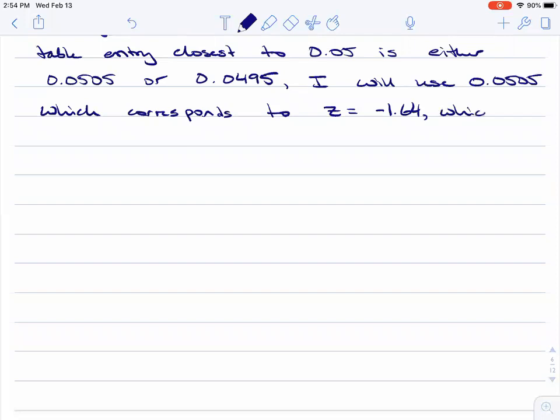I'll just keep going here, which is the standardized value, just because I need to differentiate between the X bar upper and X bar lower, or other way around, right? And so, which is the standardized value for X bar lower.